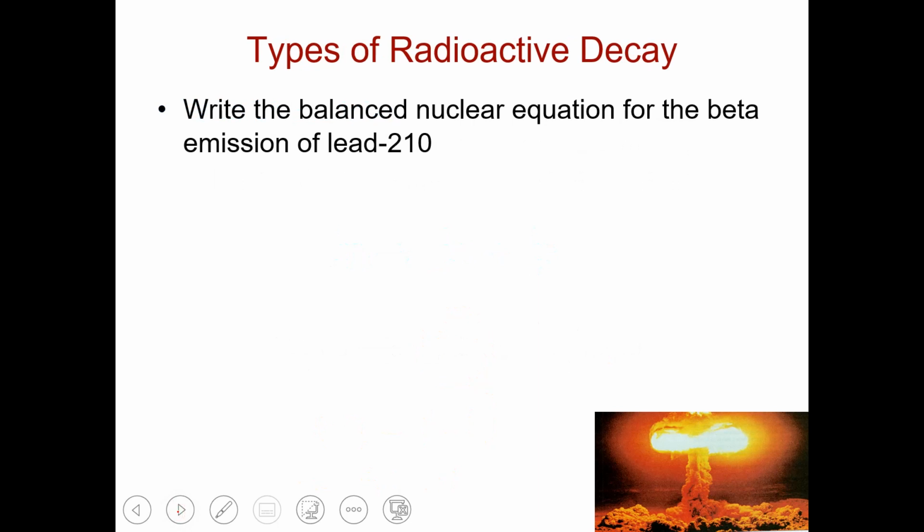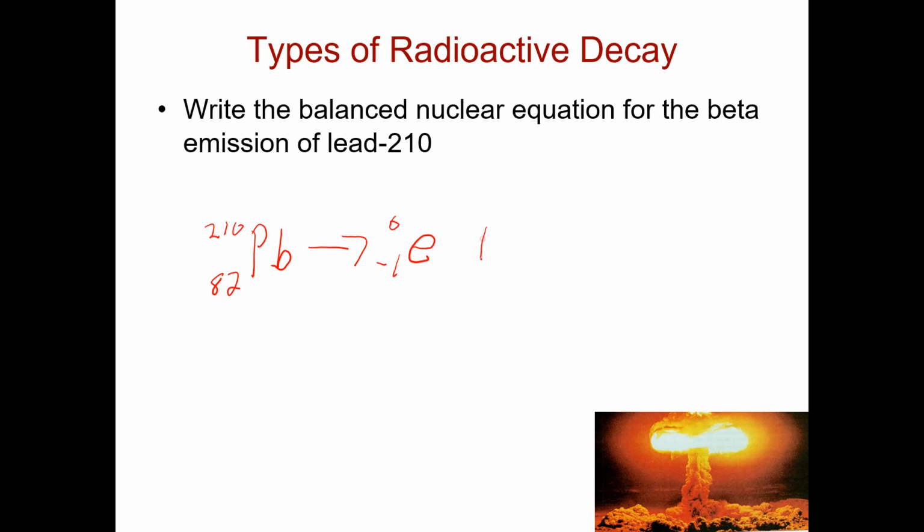So let's try an example here. We have lead-210. And if we look up lead on the periodic table, lead has an atomic number of 82, rather. And we are going to emit a beta particle.